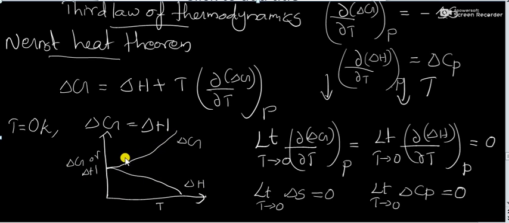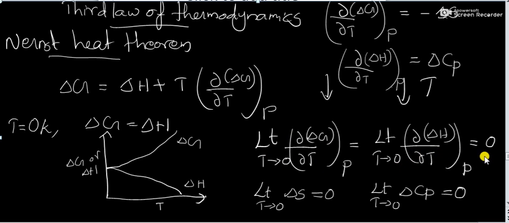This is the curve of delta G and this is the curve of delta H. Their values approach each other asymptotically in the vicinity of 0 Kelvin. This statement can be mathematically expressed as limit T tends to 0 dou by dou T of delta G at constant pressure equal to limit T tends to 0 dou by dou T of delta H at constant pressure equal to 0.